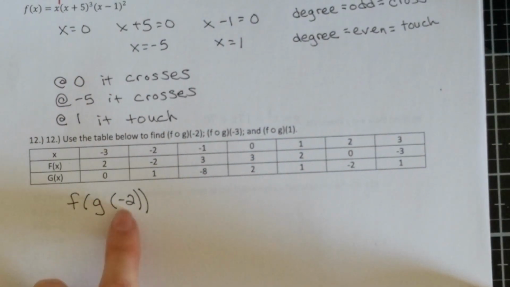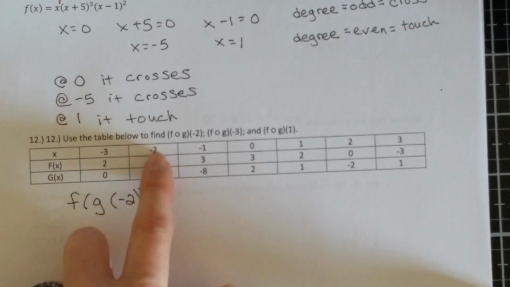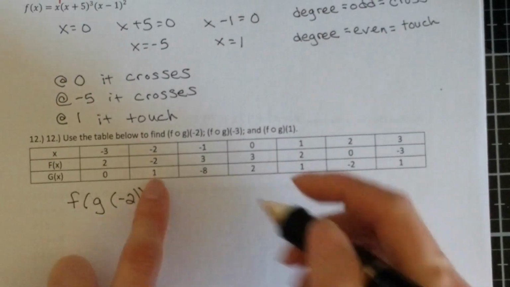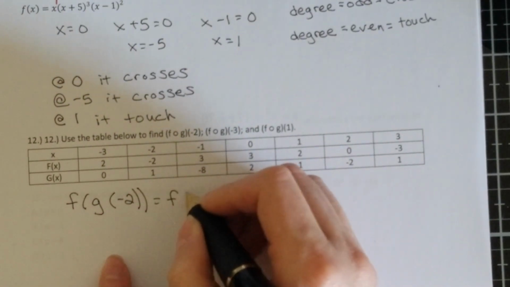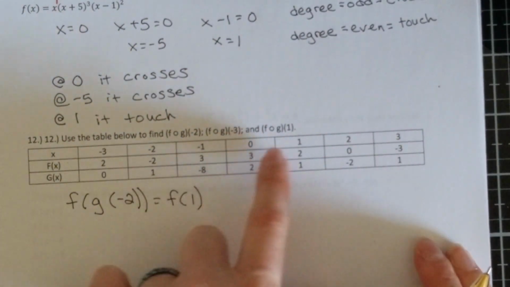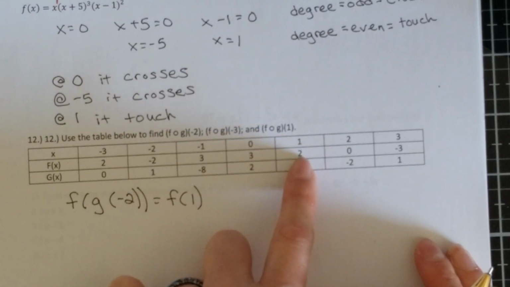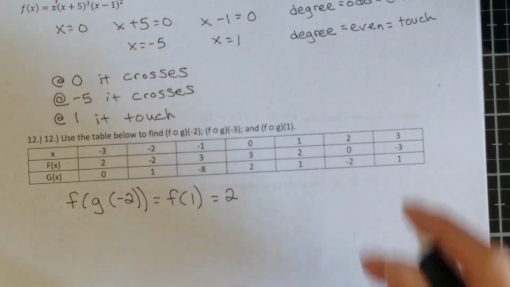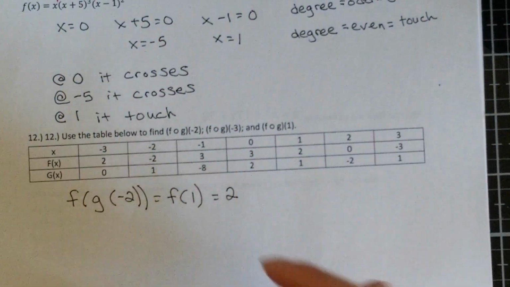Okay, so what you do is you look at -2 and you look at the g number. So at -2, I look at my g number and it is 1. So then I look at f at 1. So I come over here to the 1. I look at the f answer and that is 2. So my answer is 2.